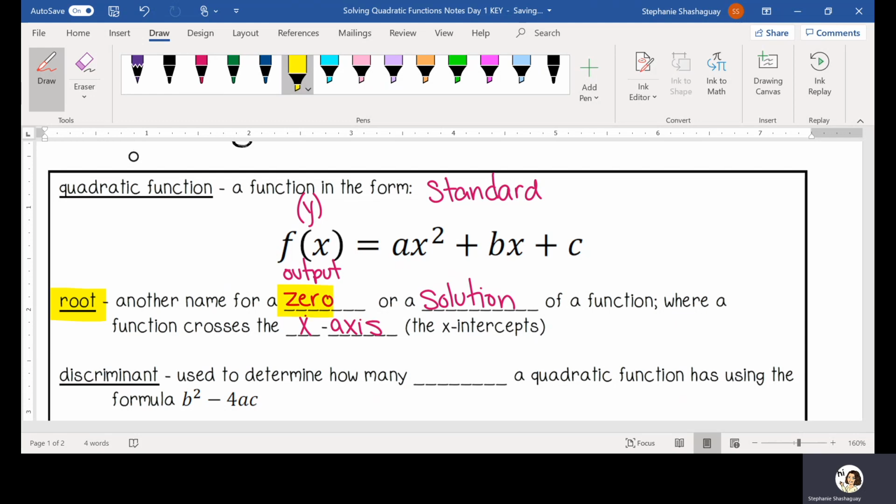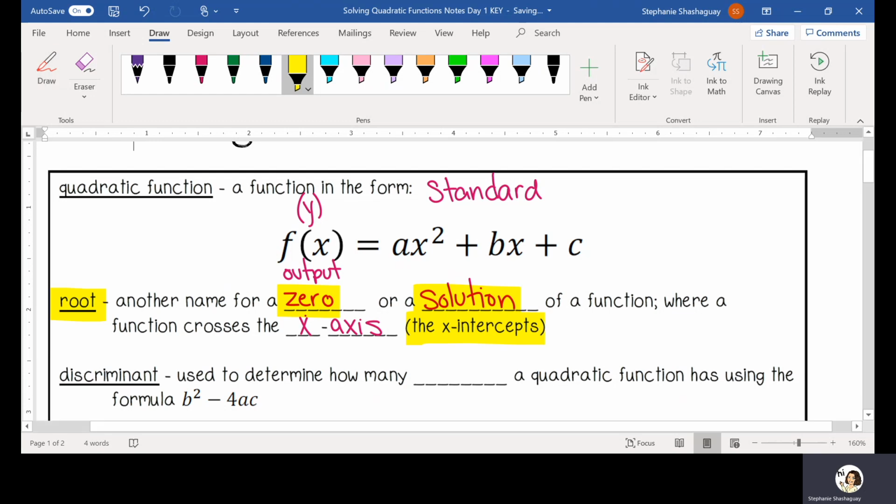So our root is the same thing as a zero, is the same thing as our solution, and it's the same thing as our x-intercepts. All of those words and terminology can be used interchangeably. So it's important to know that if it's asking for the root, it's just asking for the solution to the quadratic function.